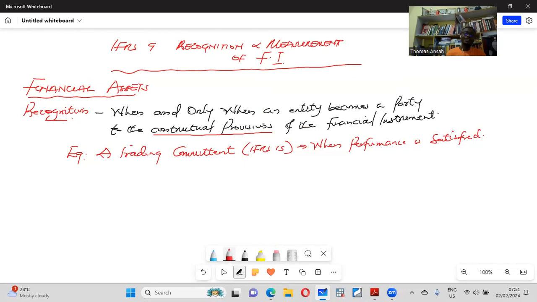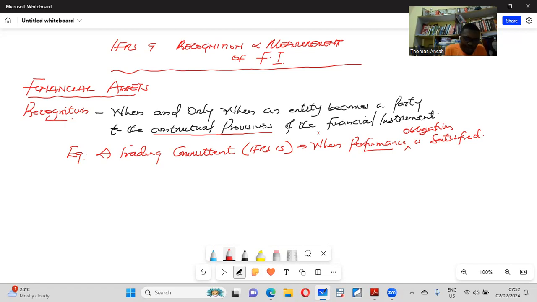So you don't say that immediately you sign a trading contract, you have revenue. No, you have revenue when the performance obligation is satisfied. So you were supposed to deliver an asset, you have delivered the asset. If you fulfill the performance obligation, then you can start recording your revenue. So it depends. It's not when you sign the contract. Even for a construction contract, we've learned here that revenue is recognized over time. So when you finish the part you've done, you recognize revenue. So that is how it is.